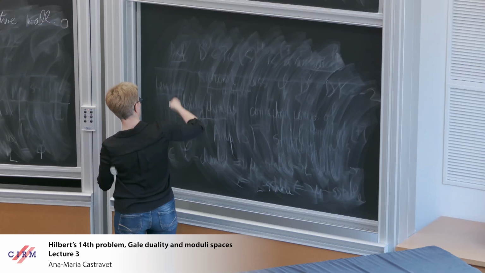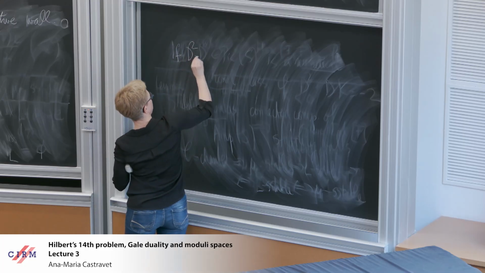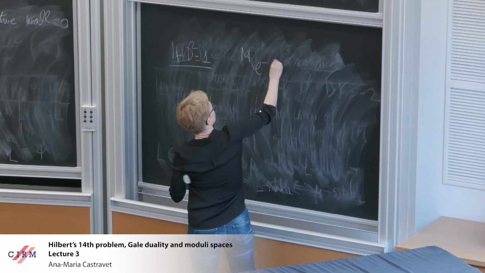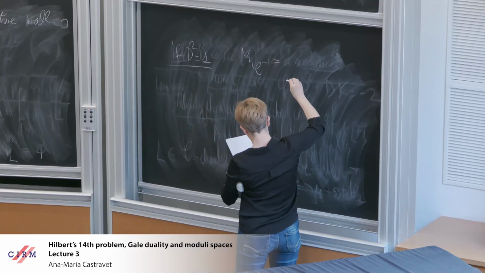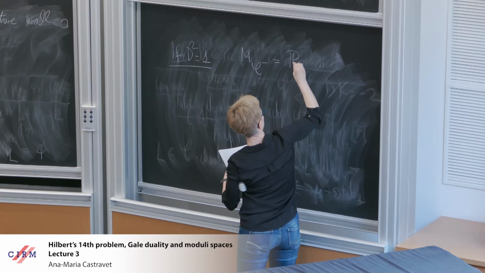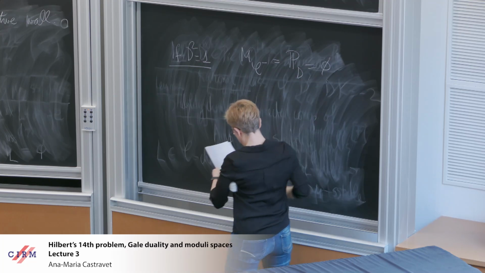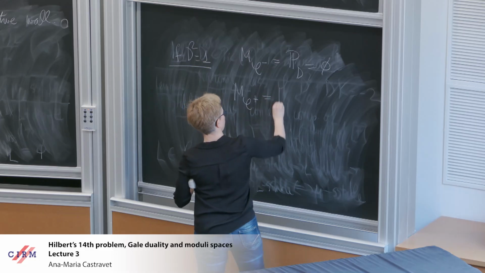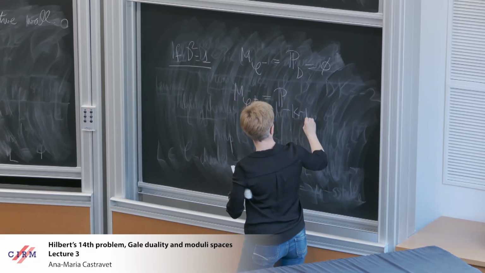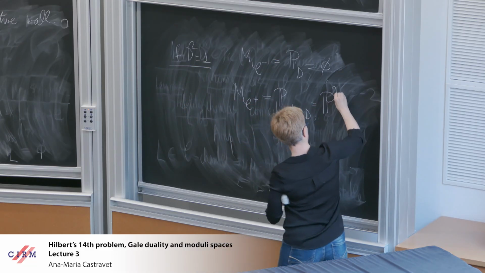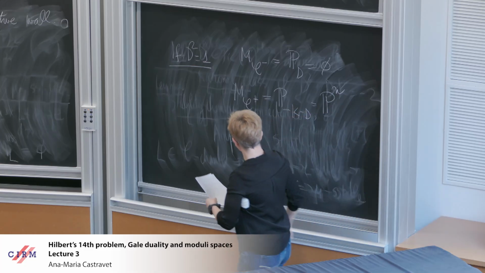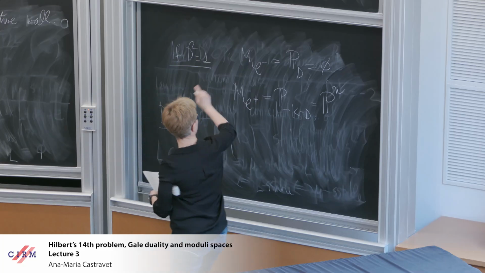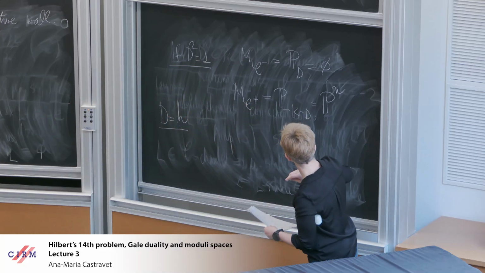So if d square is 1, for example, then the moduli space on the negative side is empty. So PD is also empty. And then on the positive side, this is just this projective space of extensions. If you take D to be the hyperplane class, that's exactly the situation here.